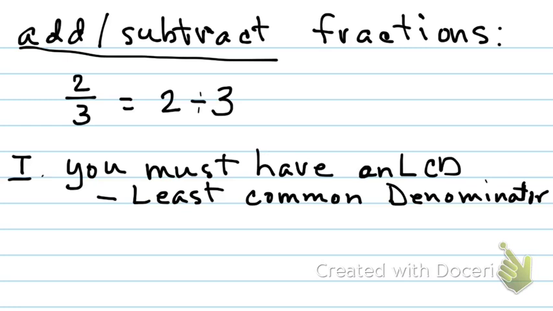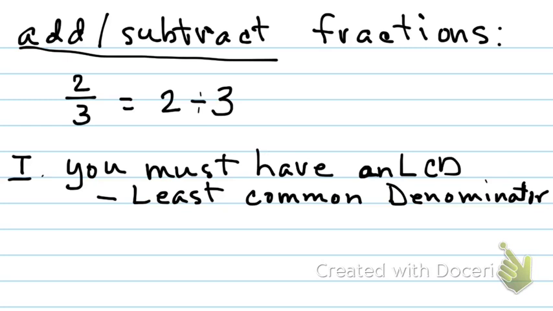Now, there are lots of methods for finding the LCD. I don't care which one you use. It makes no difference at all to me what method you use for finding the LCD. I'm going to show you one that I think is about the easiest thing you could possibly do. But if you don't like it and you already have a method, fine. Who cares? If you do like it, then use it.